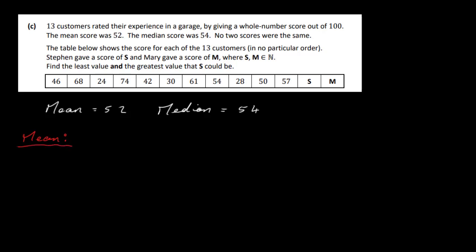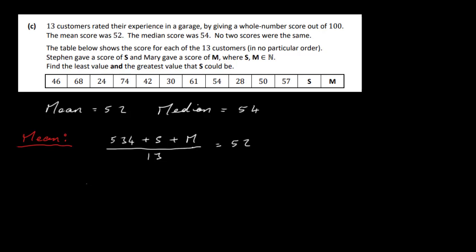So the mean is worked out by adding up all those numbers and dividing by 13. So when you add up all those numbers, you get 534. But you also have to add S, whatever S is, and whatever M is. You divide by 13 and you should get the mean of 52.